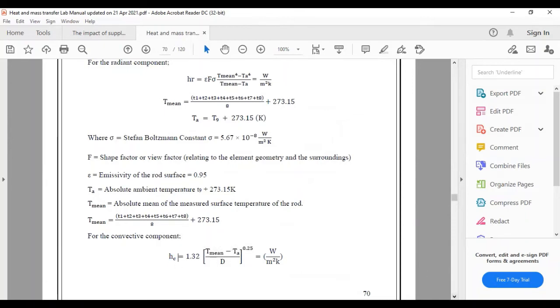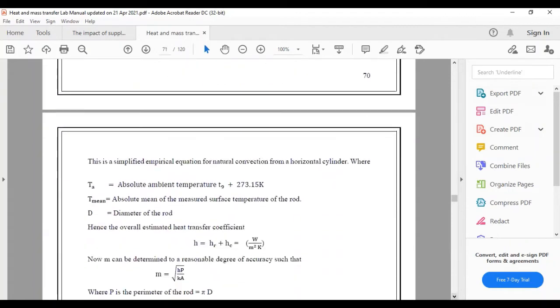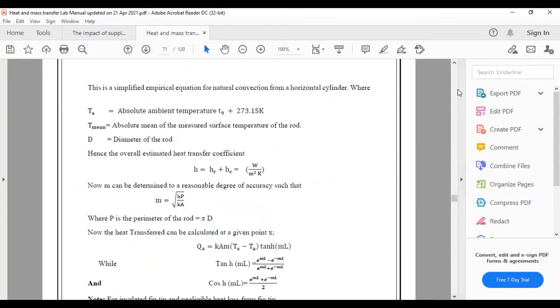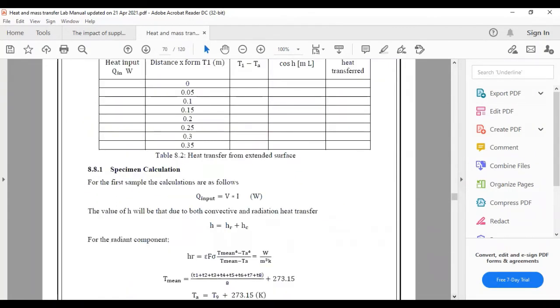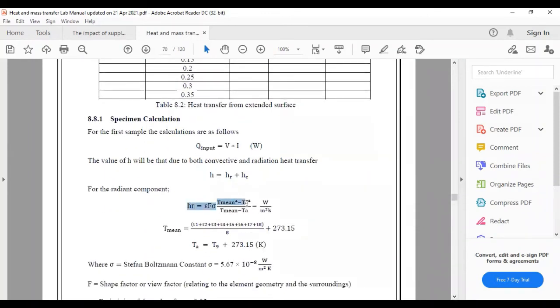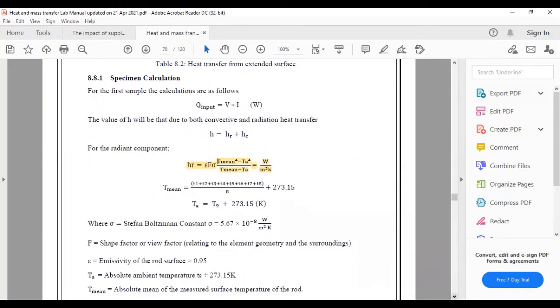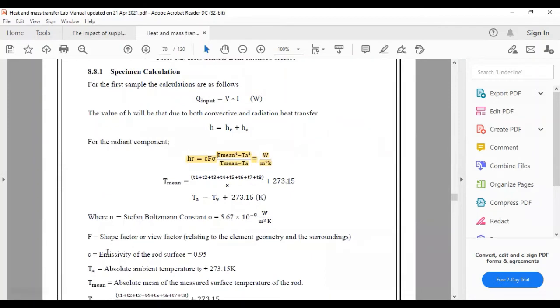Now next problem is heat transfer coefficient due to radiation, and its formula is given here. So you can see its formula is given here. So in this we have the value of this epsilon. Epsilon is basically emissivity of this rod, which is basically the radiation which it will emit, and it is generally used for radiation purpose.